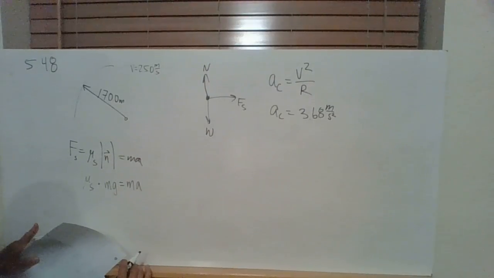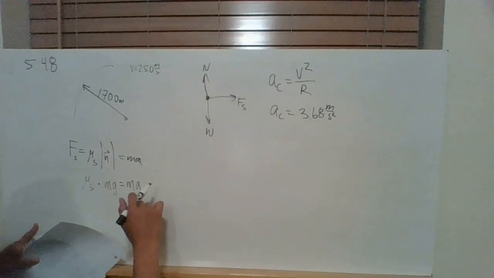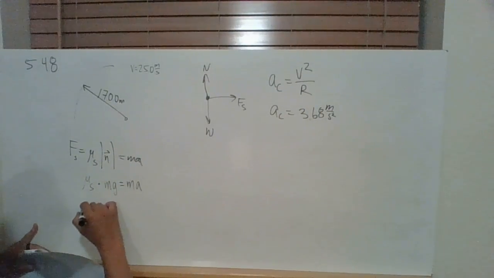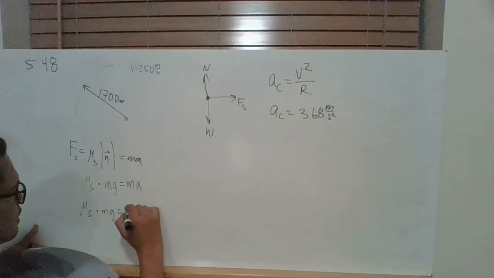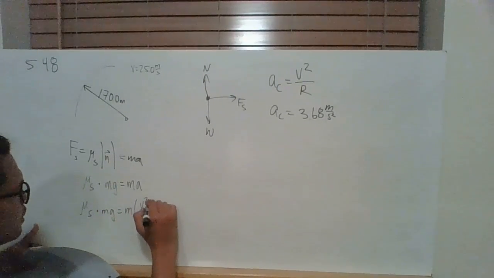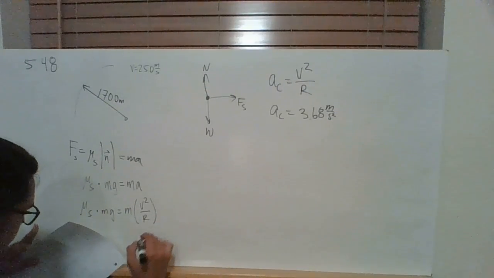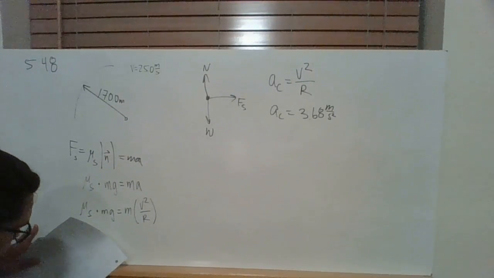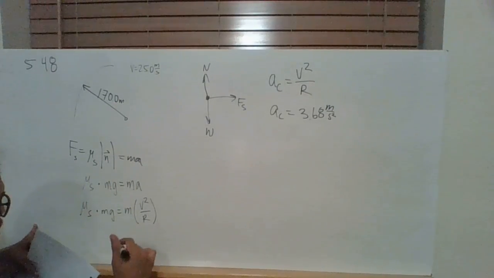And then you can change out the acceleration, because we're using centripetal acceleration, to v squared over r. Now we want to divide this across.